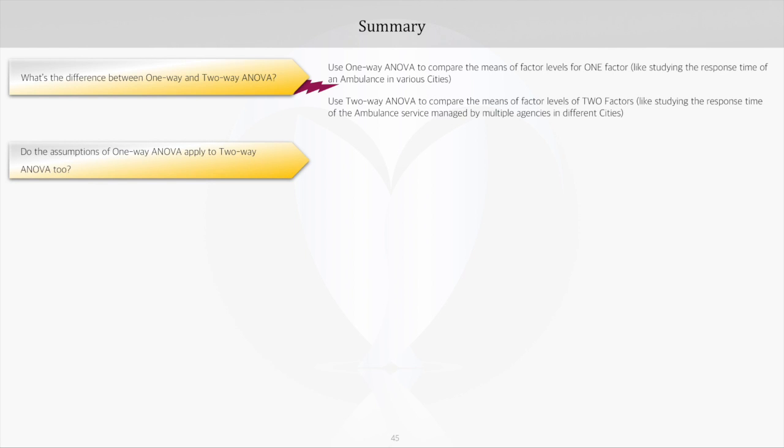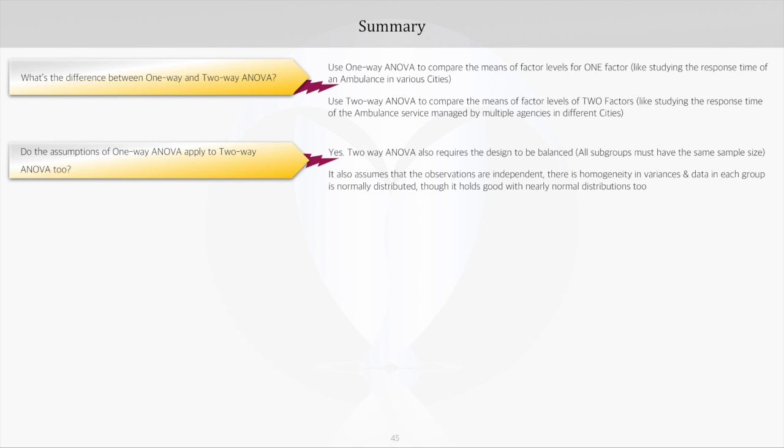We had learnt about the assumptions in case of one-way ANOVA. So would the assumptions of one-way ANOVA apply to two-way ANOVA also? Definitely. Two-way ANOVA also requires the design to be balanced. So all the subgroups must have the same sample size.